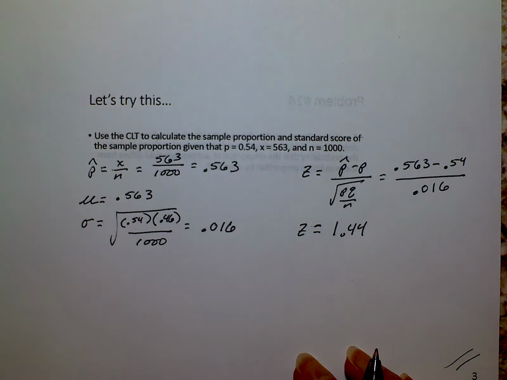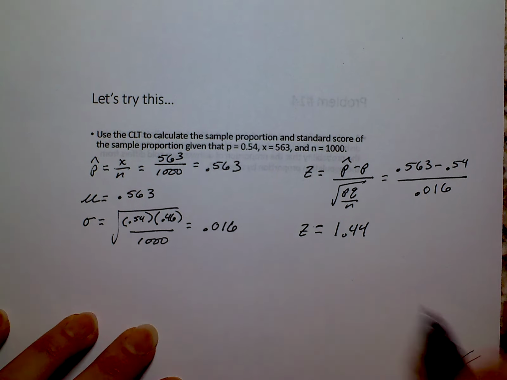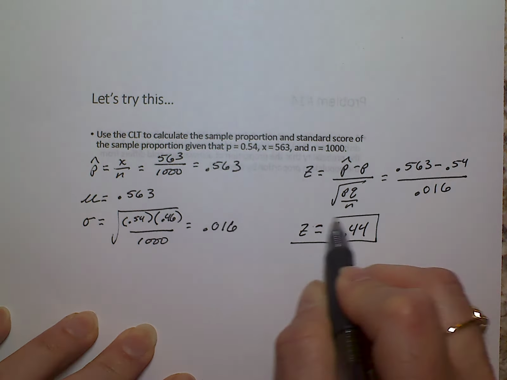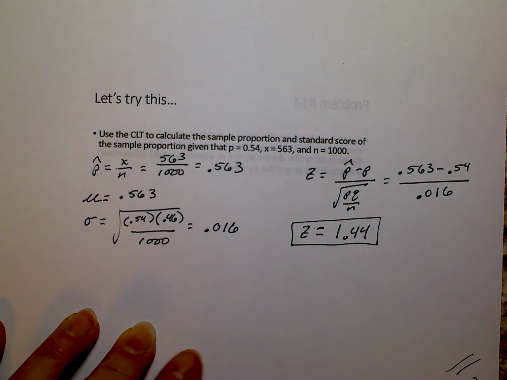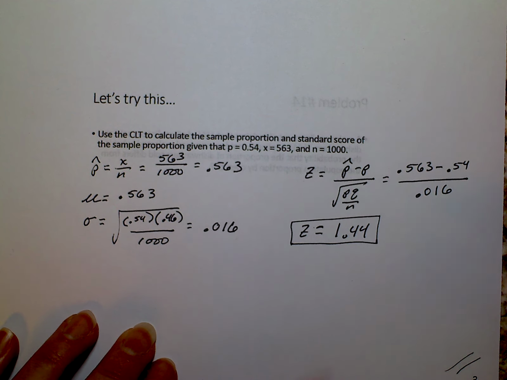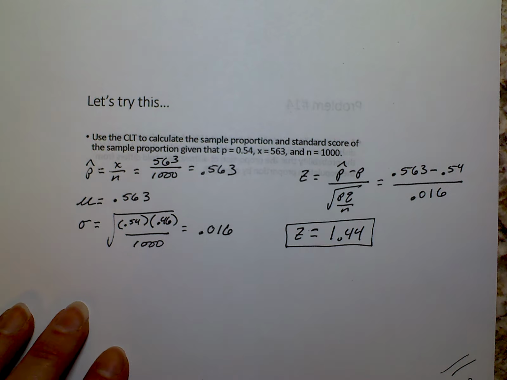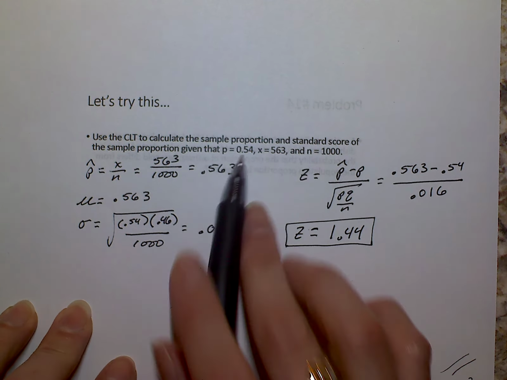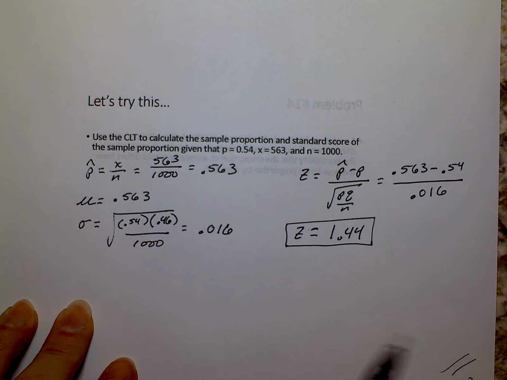Oh, and that's it. It didn't have a question associated with it. Just find the z. And there you go. So now we could go and find a probability of being more than or less than this proportion in the sample. Next video is going to show you how we're going to put that together with words.